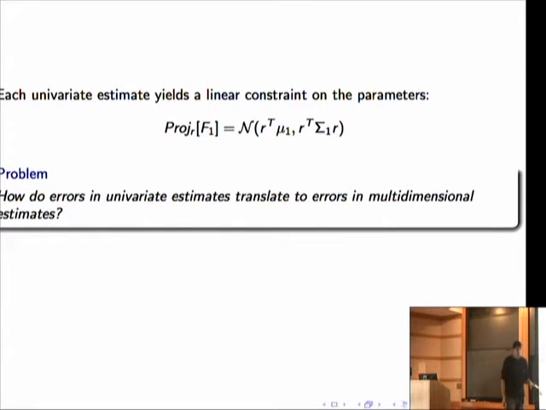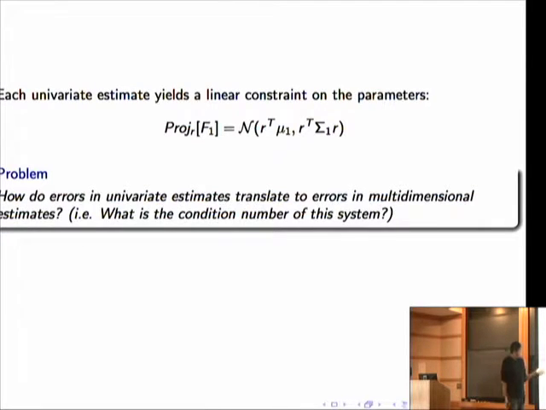I haven't told you how we do the univariate learning algorithm, and I'm going to get to that at the very end. But invariably, there will be errors in the univariate learning algorithm. We won't learn the exact parameters. So when we set up the system of equations, how do the errors in our univariate estimate translate to errors in the high-dimensional parameter set when we back-solve this system of equations?